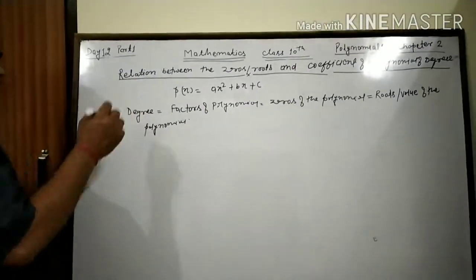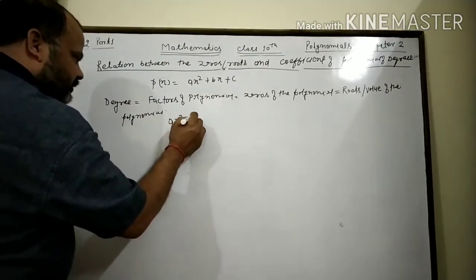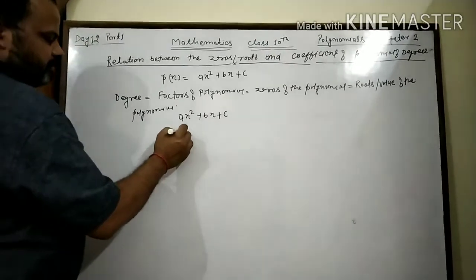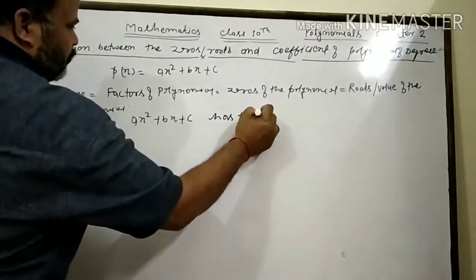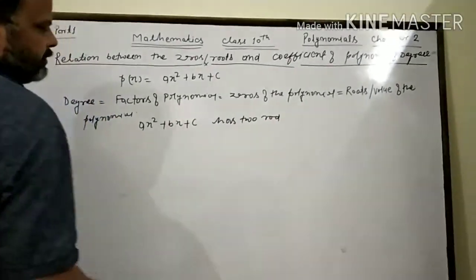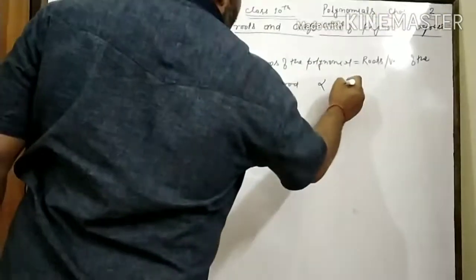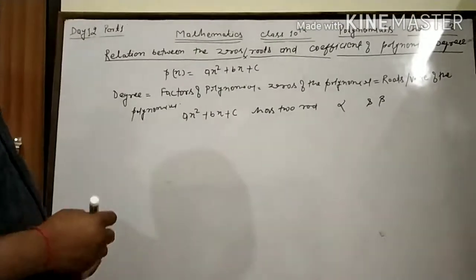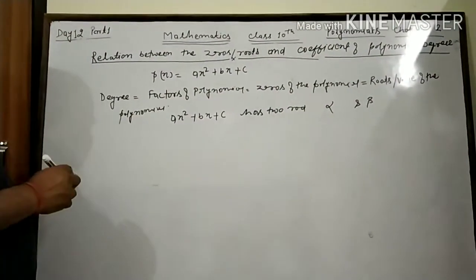Clear? Then ax square plus bx plus c has two roots, alpha and beta.